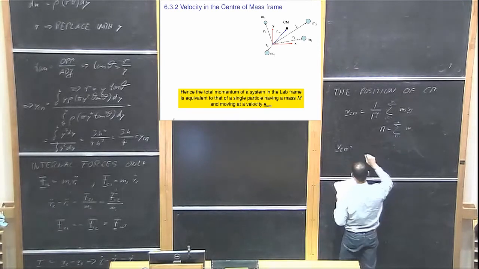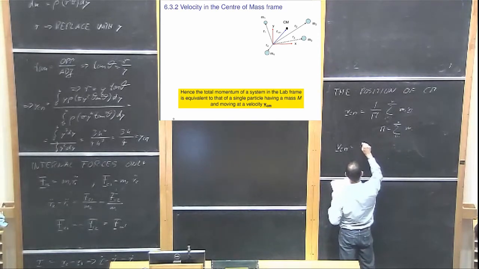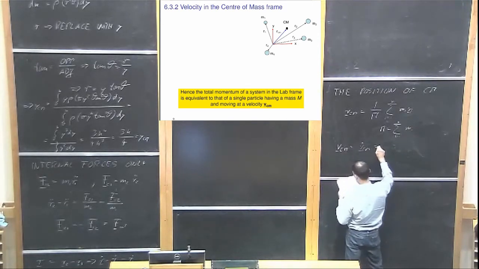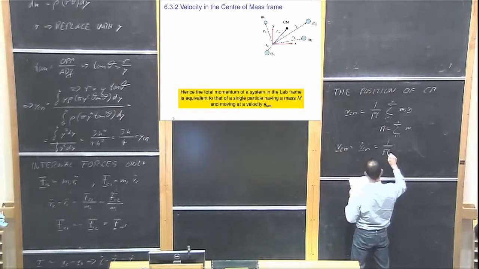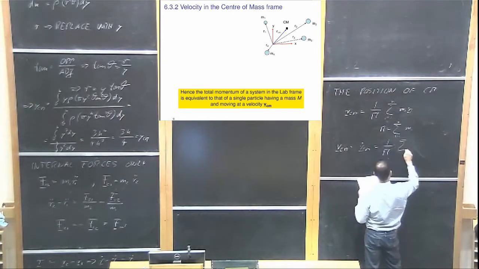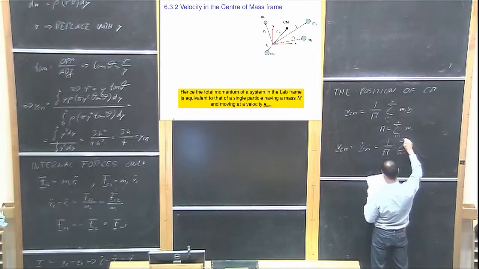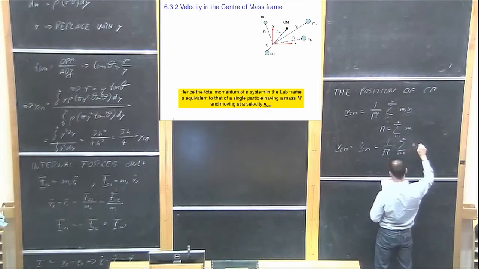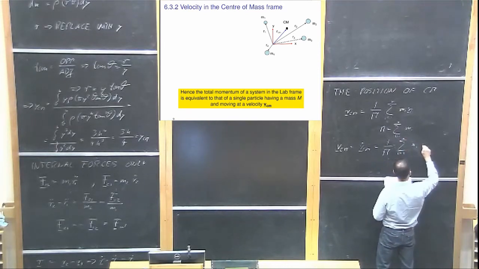So V_CM equals R_CM dot equals 1 over m, sum from i equals 1 to n of m_i r_i dot.